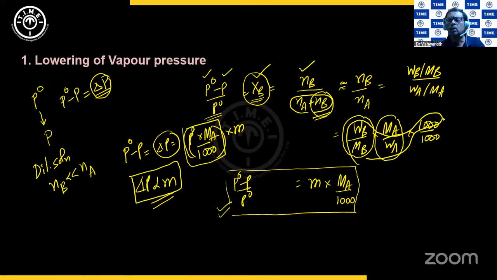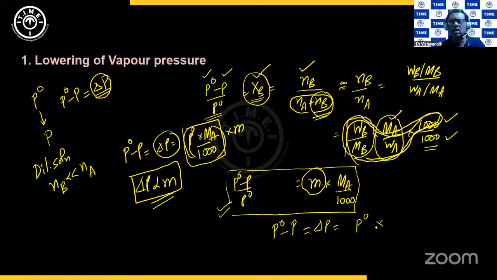Right. What I'll do is multiply with 1000 and divide with 1000, so that whatever I have circled here, this part is the molality. What is the remaining thing here? There is an MA and there is a 1000 at the bottom. So m into MA by 1000. So if I take this P0 minus P, which is delta P, I can send the P0 to the other side.